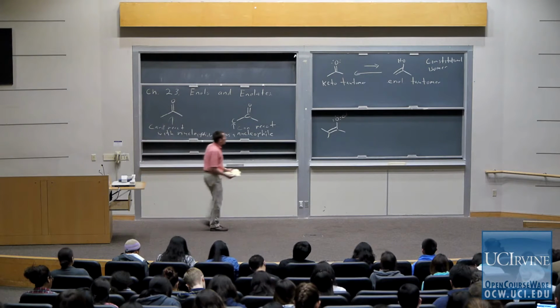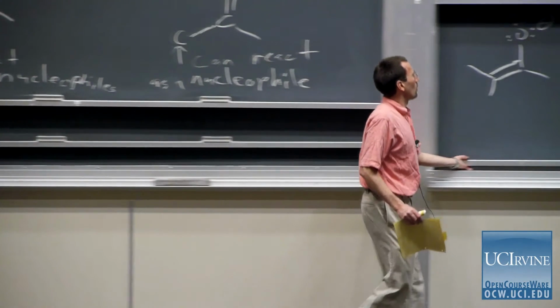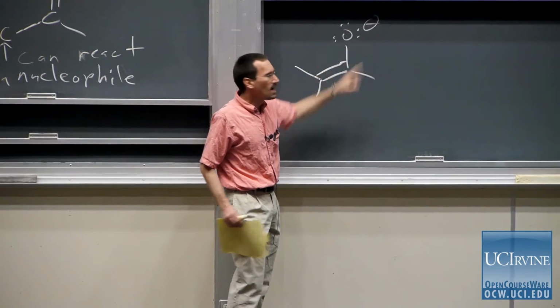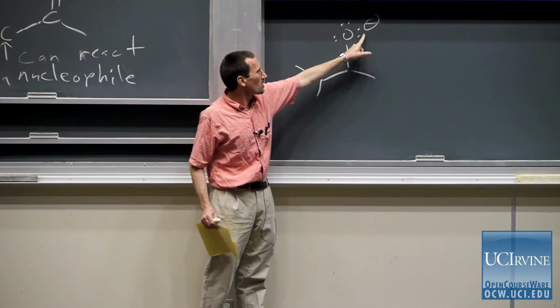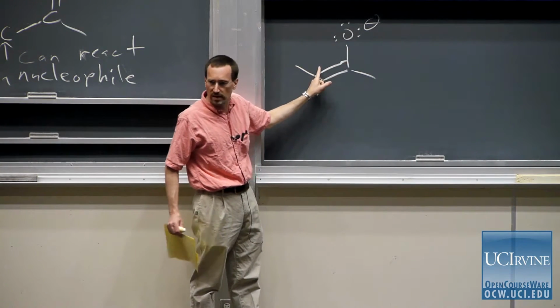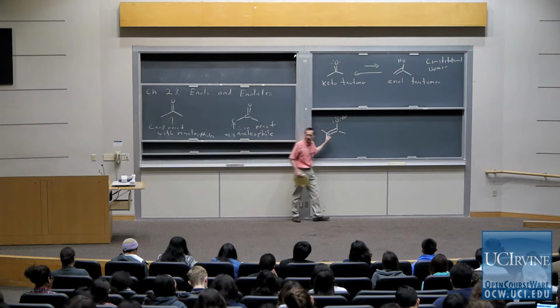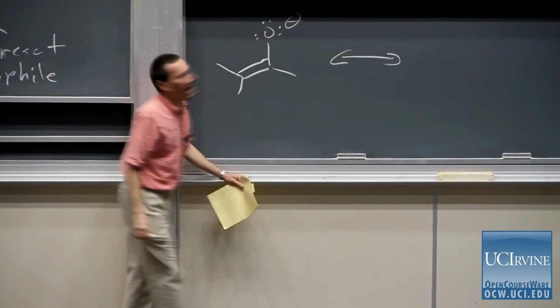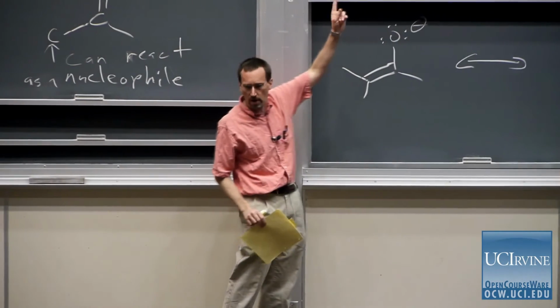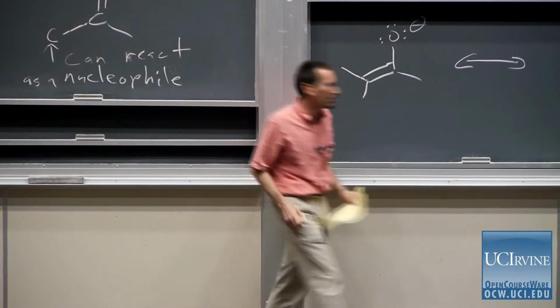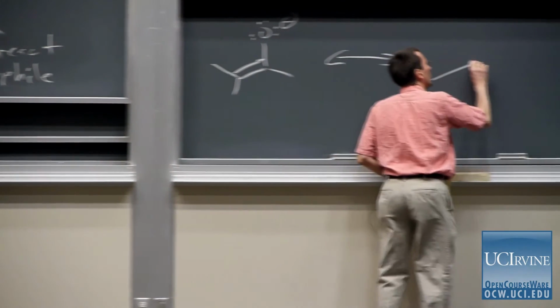So we can envision one resonance structure where we have our negative charge on the oxygen, and a second resonance structure where we simply move these electrons down and move the electrons onto the alpha carbon. Remember, we use a double-headed arrow, not a reaction arrow, not an equilibrium arrow, but a double-headed arrow to indicate resonance structures.